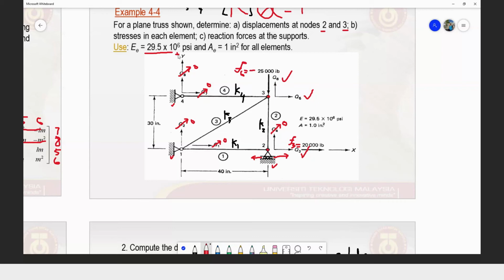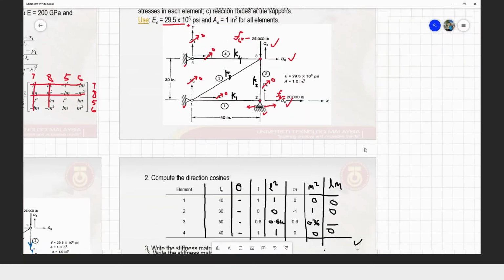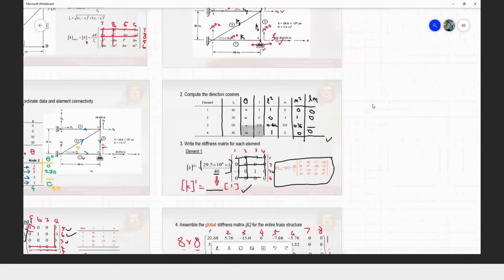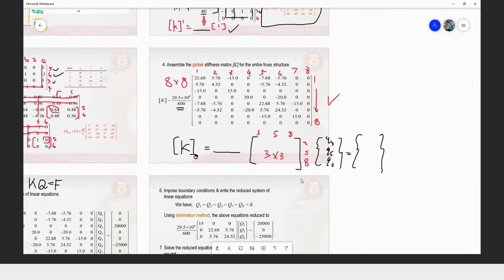Negative shows that the direction of this force is downward, which is opposite to our positive y-axis. So when we have this, we substitute this information into our matrix. So K3 we have berapa tadi? 21,000. 21,000. 5 kita tak ada. Yang ni we have negative 35,000 pound.